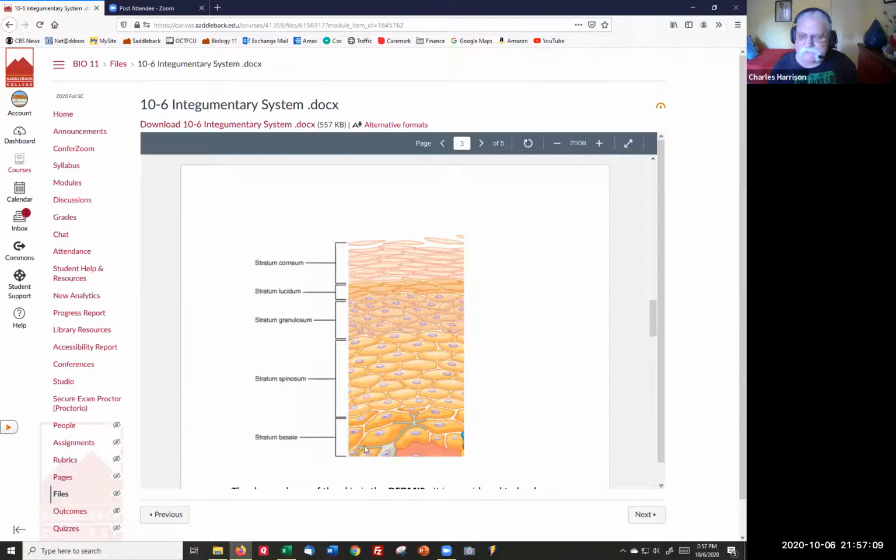This is stratified because it's many layers. This type of tissue, the epidermis, is stratified squamous because it ends up flattened, epithelium because it's a covering or lining. In this case, it's a covering. Stratified squamous epithelium. We won't use that terminology until we get to the last two tests.